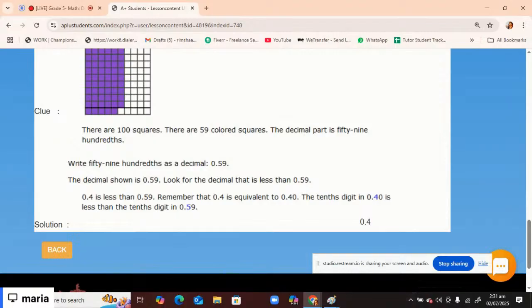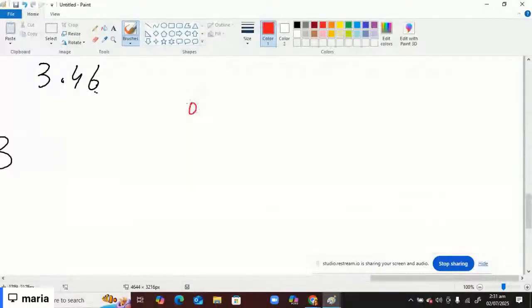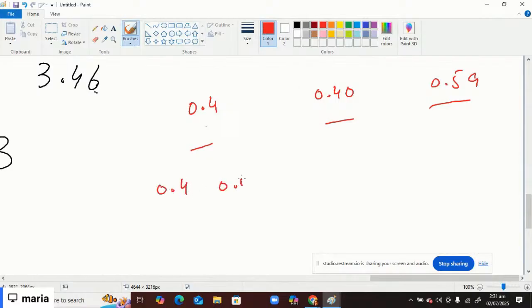How? Remember that 0.4 is equivalent to which one? If you have these numbers, 0.4, 0.40 and 0.59, three numbers, which two are equivalent and which one is less than the other? 0.4 and 0.40 are equivalent. Why? Because the difference is only zeros.